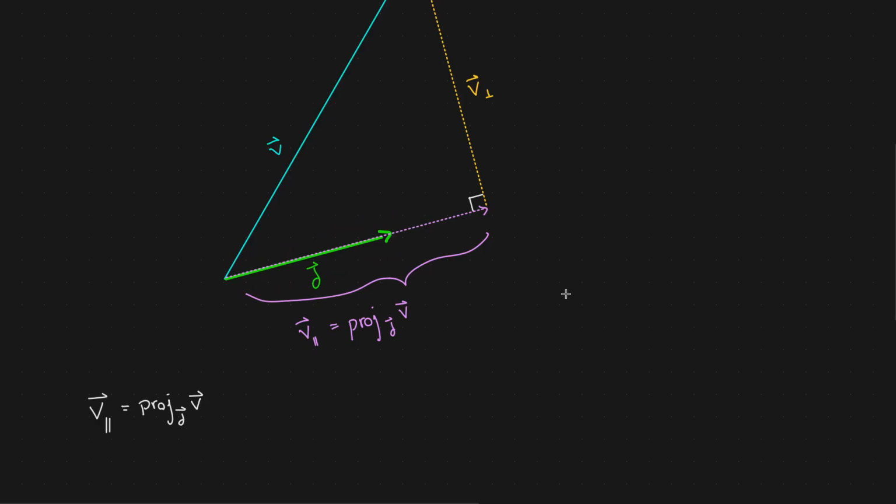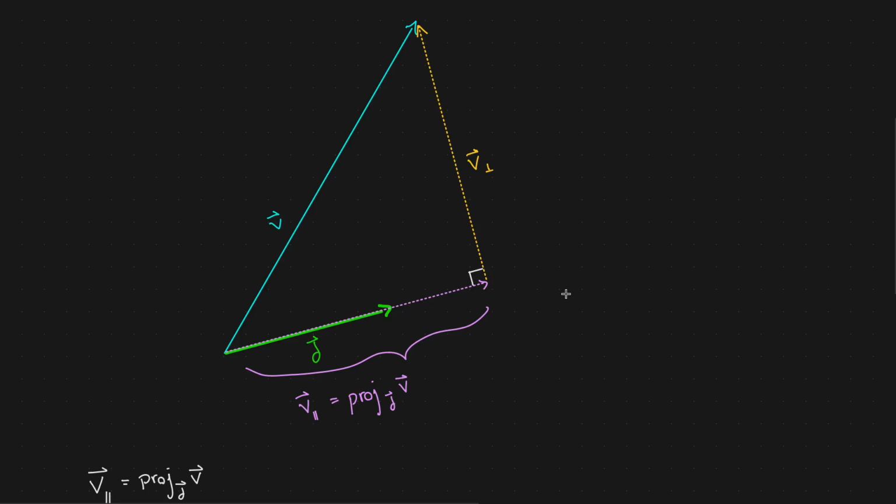So we should be able to scale vector d by some scalar and get what we want. The other thing I'm going to note here is we don't really care about the magnitude of vector d. We just care about its direction. The orthogonal projection, we just drop that orthogonal vector down to where vector d is. And wherever we drop it to, that's our orthogonal projection of vector v onto vector d.